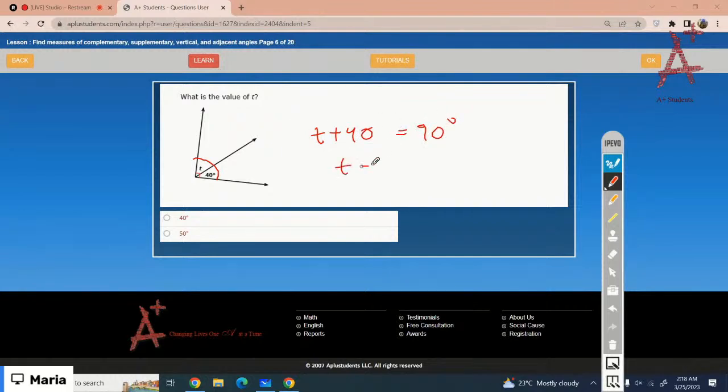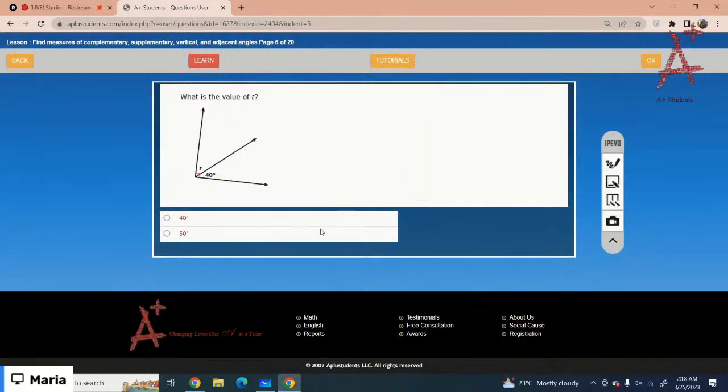Move 40 to the other side, it would be t equals 90 minus 40. 90 minus 40 equals 50. So the correct option is 50 degrees.